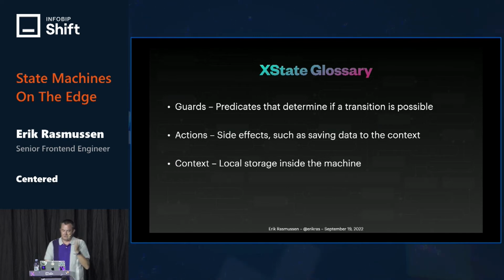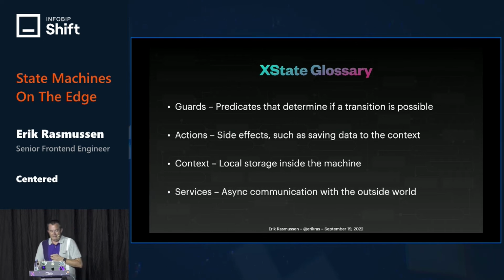And the context is like local storage in the machine. You can think of it like a Redux store or something like that. It's just where you can throw data in the machine. And then there are services. Services are how you do asynchronous communication with other things in the outside world. If you need to fetch some data, or if you need to spawn up a whole other machine and send messages back and forth, those are called services.